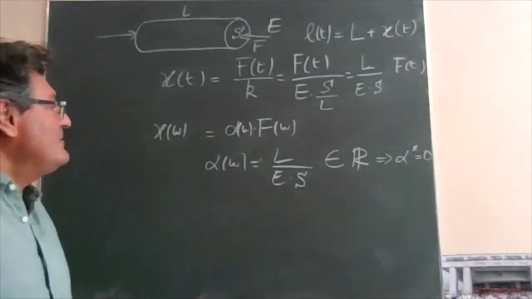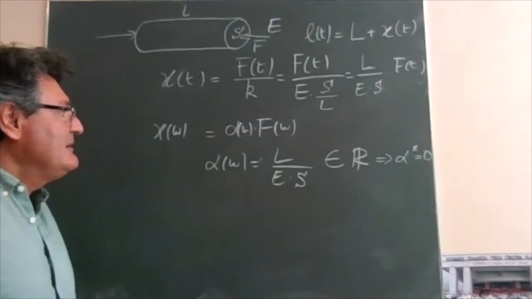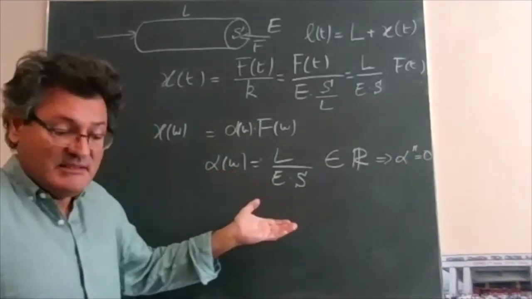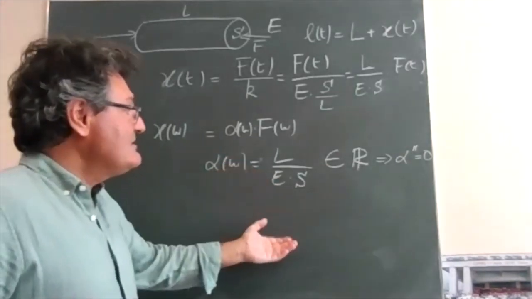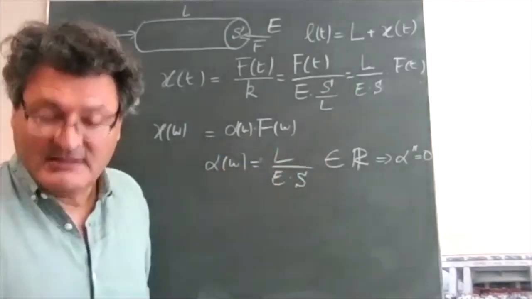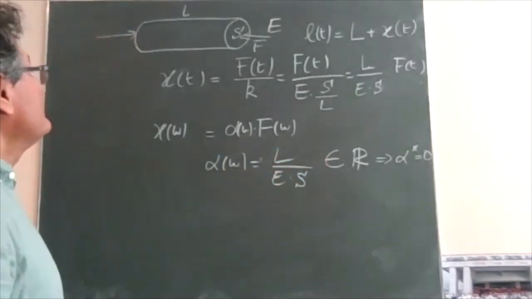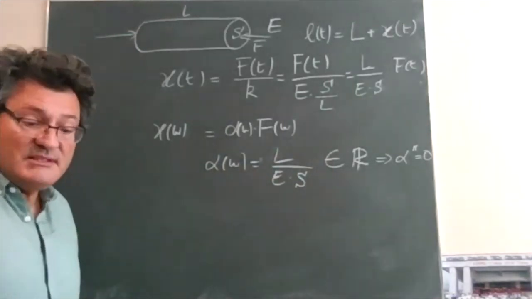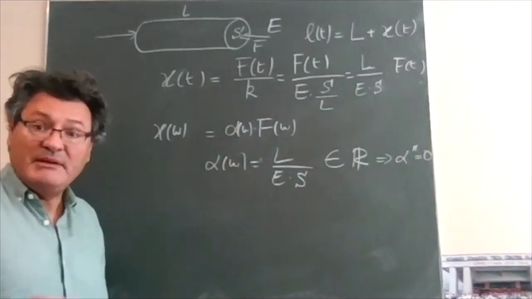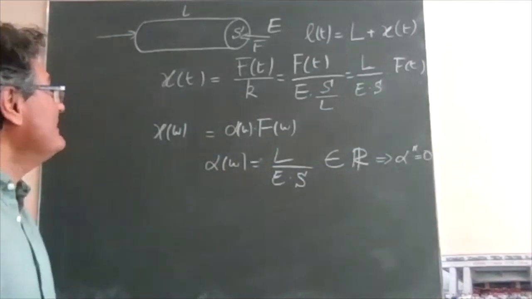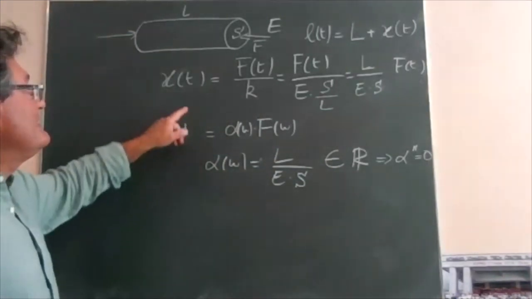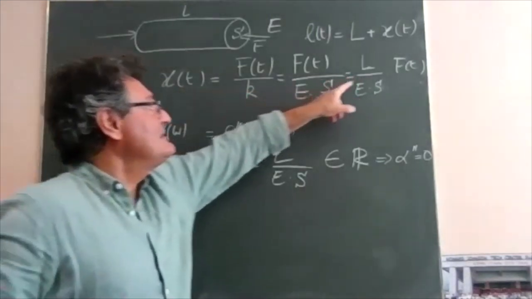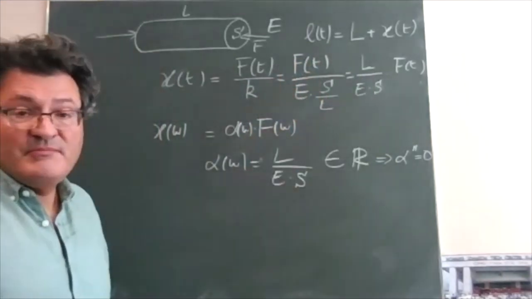So now we have to think how it is possible that the response function, at least in the frequency domain, is not real, but has associated an imaginary part. So the way we do it is to consider what's happening in the real world. In the real world, this relation is not true. This relation is not true, not at all.